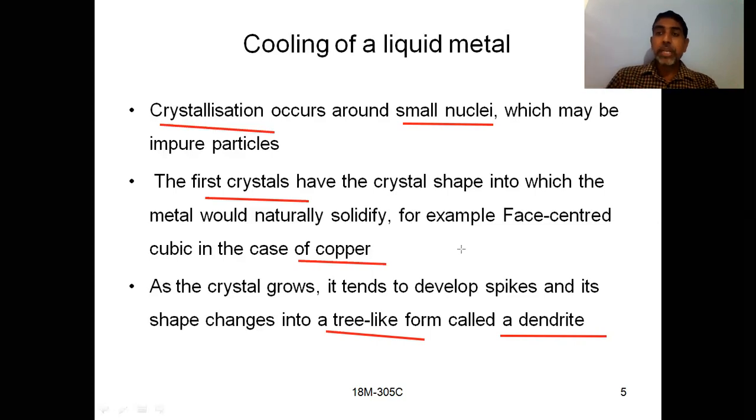If you take another material having a BCC structure, initially the first crystal will acquire the shape of BCC, and the complete metal will have BCC. Like that. So whether it is FCC or BCC, it will be decided by the first crystal itself, and later after the nucleus is formed, the crystal will grow in the form of a tree, and that type of growth is known as dendritic growth.